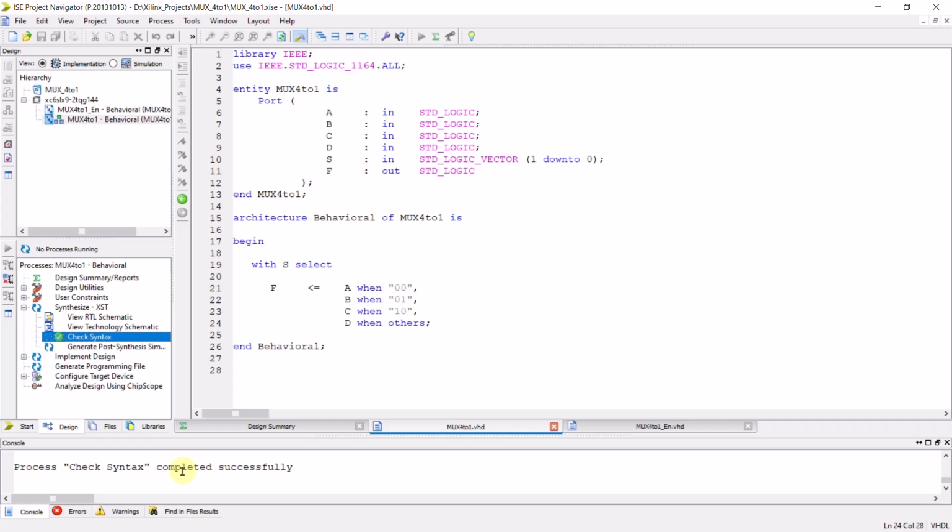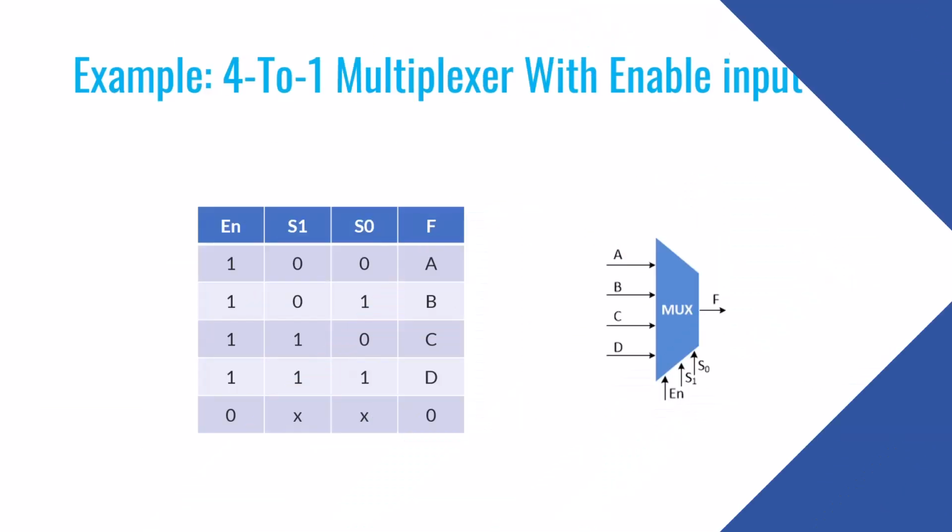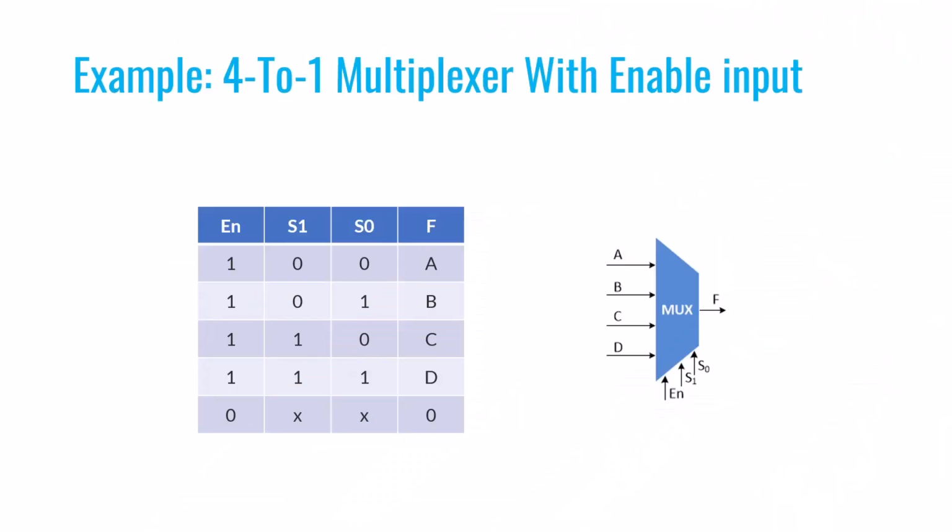To help you become more familiar with the selected signal assignment statement and learn some additional coding tips along the way, let's modify our multiplexer example a bit. In this version, in addition to the control inputs S0 and S1, we'll add a new control input called enable signal, which we'll denote as EN in the code.